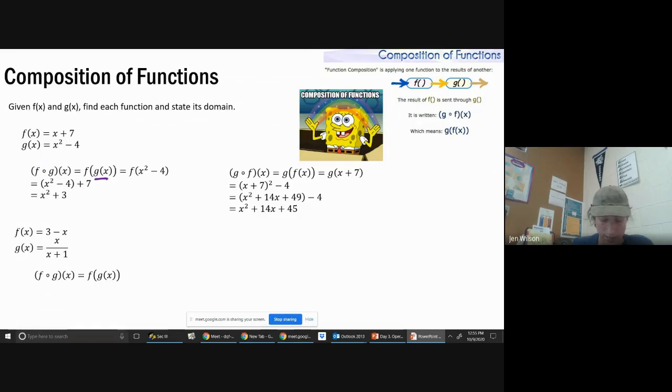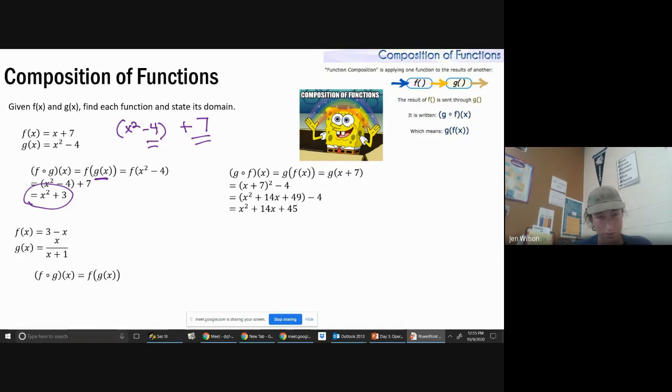And since f of x is x plus 7, it's going to be something plus 7, and that is what we're going to plug x squared minus 4 into. This time there's no limitation of the domain. There's no fractions where a denominator can't be 0.